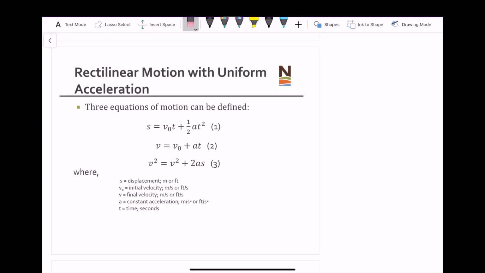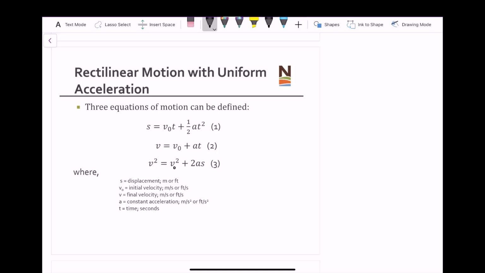We have s = v0 t + 1/2 a t squared; v = v0 + a t; and v squared = v0 squared + 2 a s, where again s is your displacement, v and v0 are your velocities, so you have an initial velocity, that's v0, v sub 0, and v, which would be your final velocity.